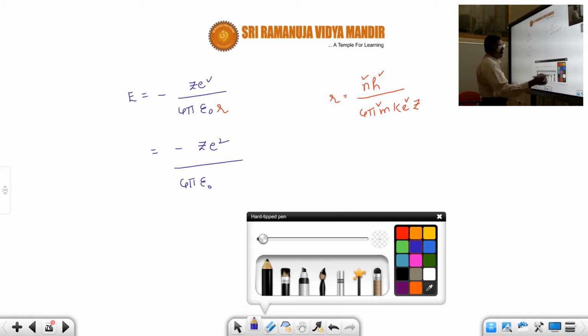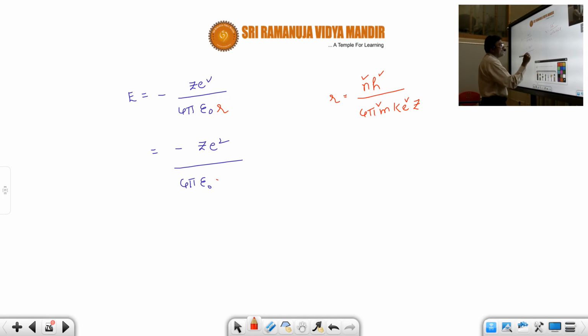So let us write the R value: n square h square by 4 pi square m k e square Z. So this is the expression for energy.